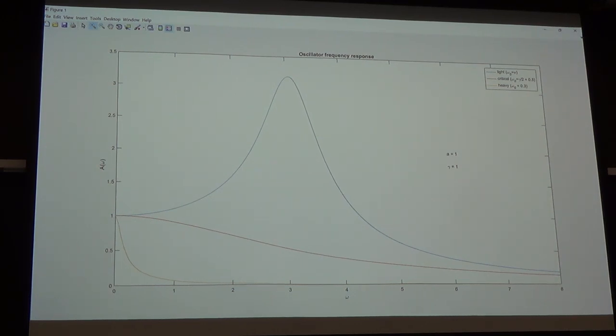And if I increase the damping still further, and I'm increasing the damping by just decreasing the frequency. So for the critical damping, I'm letting the frequency be given by gamma over 2. That's the critical damping criterion. So omega naught is 0.5 here.